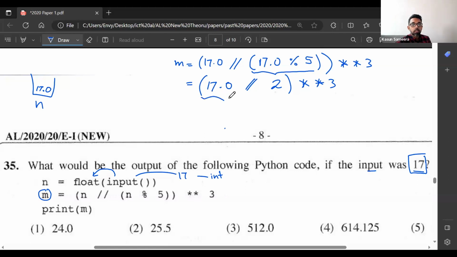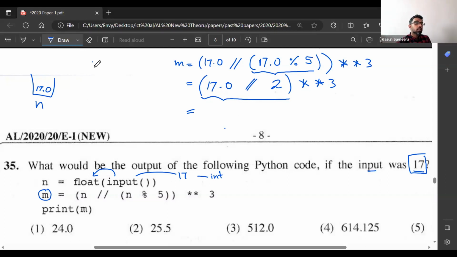What are brackets? When you solve in these brackets, you need to perform this operator. The operator to perform is floor division. 17.0 floor division 2. What is floor division? Again, you need to take only the integer part.